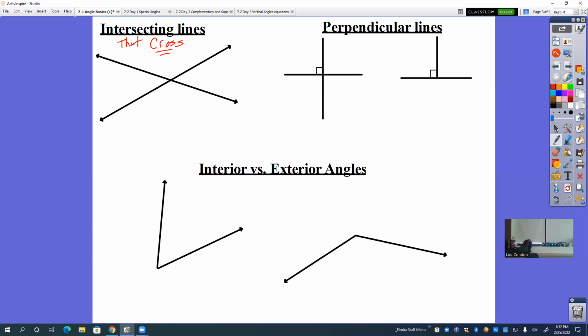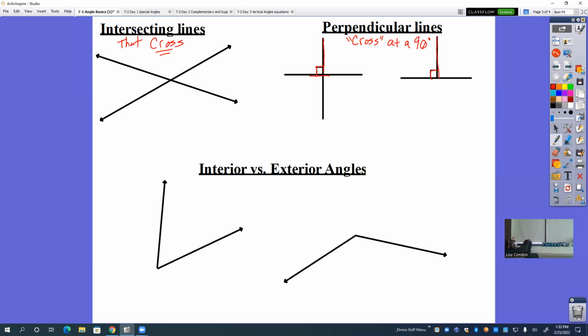Perpendicular lines are lines that still cross, but when they do cross, they cross at a 90-degree angle. So when these two lines come together, they form a 90-degree angle.